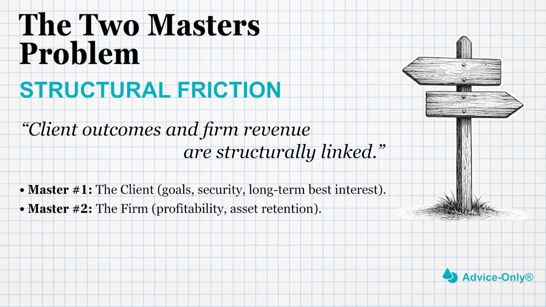Let me say that another way. The advisor is not just giving advice. The advisor is also working inside a business that makes more money when clients do certain things and less money when they do other things. That is not an accusation. That is just how businesses work. But it matters. It matters a great deal.